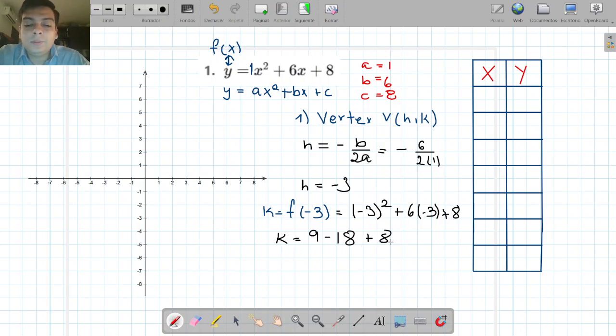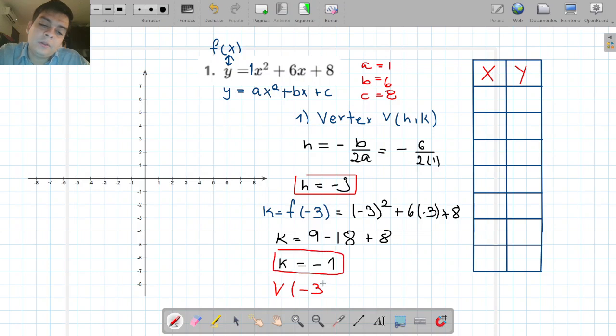As you may see, we have minus 9 plus 8, which gives minus 1 as a result. So the vertex that we found has the value of h minus 3 and the value of k minus 1.